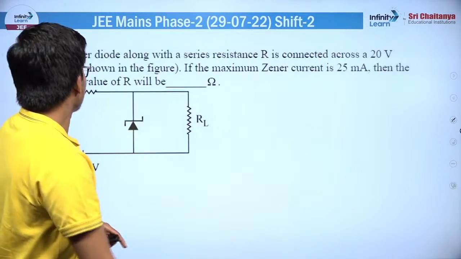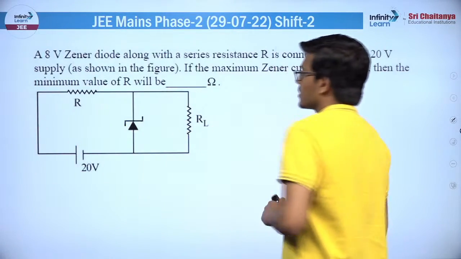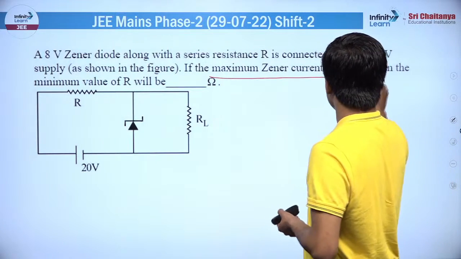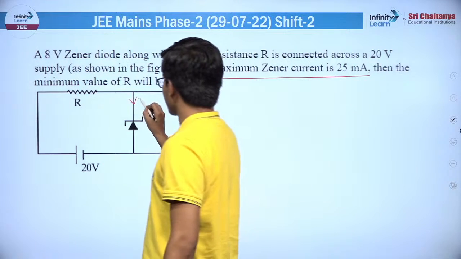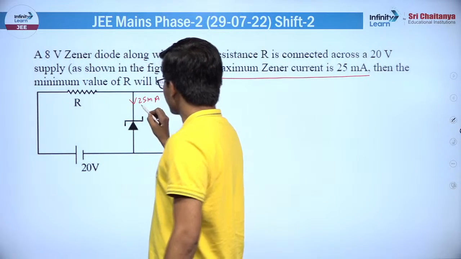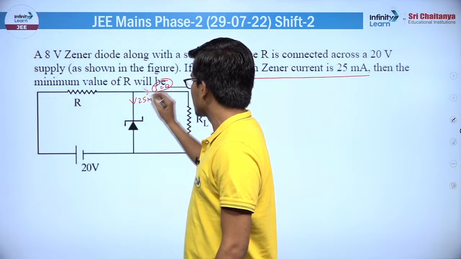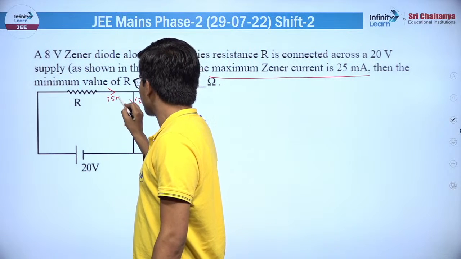Alright. So next question is from Zener diode. The maximum Zener diode current is 25 milliampere. This current will be maximum only if there is no current going in this load resistance. So this will also be 25 milliampere.